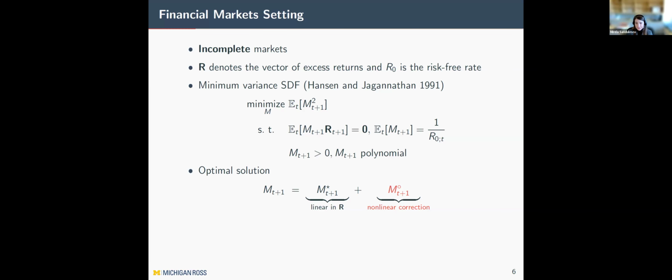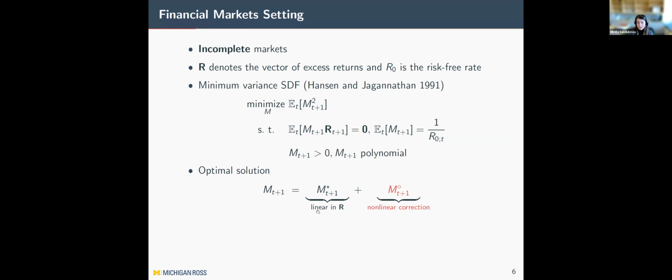Intuitively, you can think that when you have predictors and returns, an OLS will give you the optimal coefficients that best fit the data. With this kernel trick, you are going to have optimal functions that best fit the data. So you can think of it intuitively that we are going to have a linear regression on nonlinear components. The nice thing of our approach is that we can decompose the optimal solution into two components.